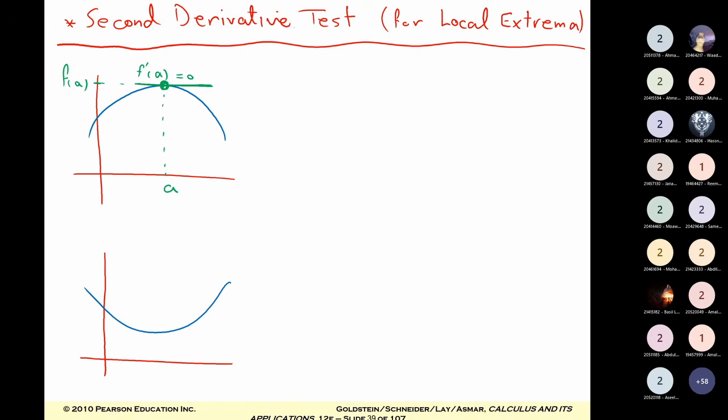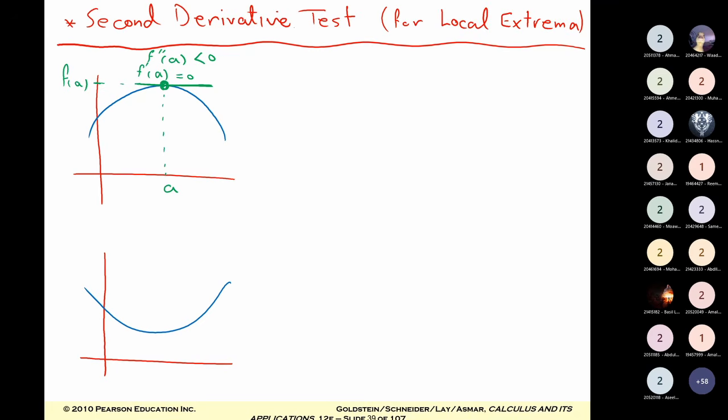But at this point, is f double prime positive or negative? The point A, f(A) is on the concave down part of the curve. So we can conclude f double prime of A must be less than 0, because the curve is concave down.